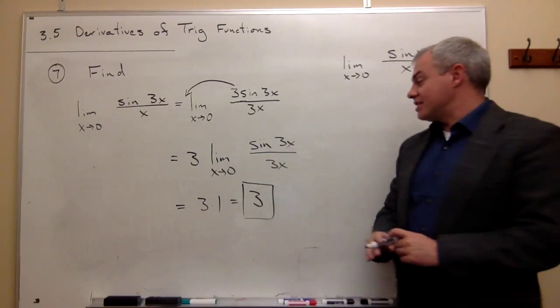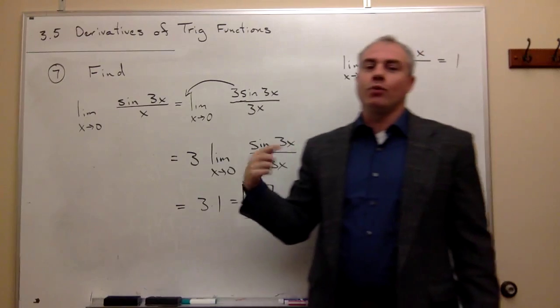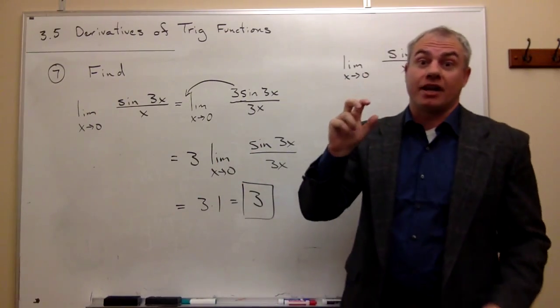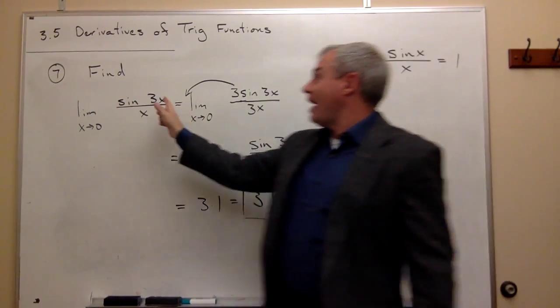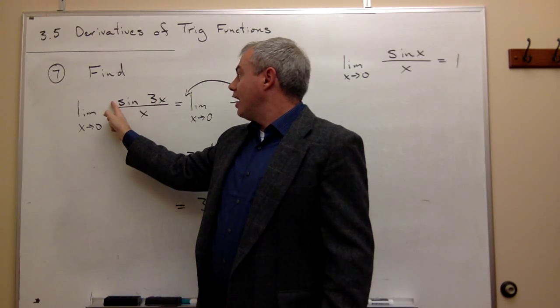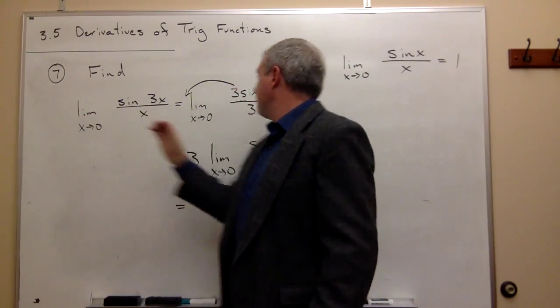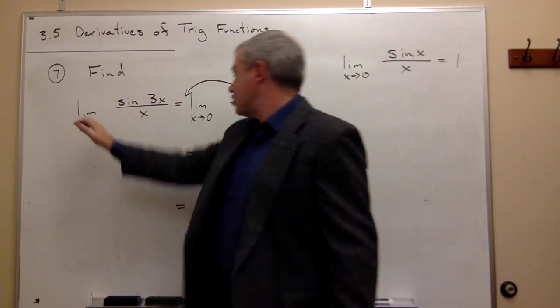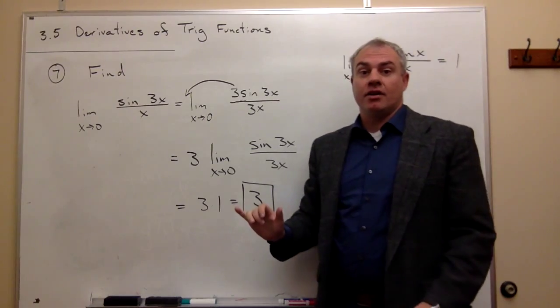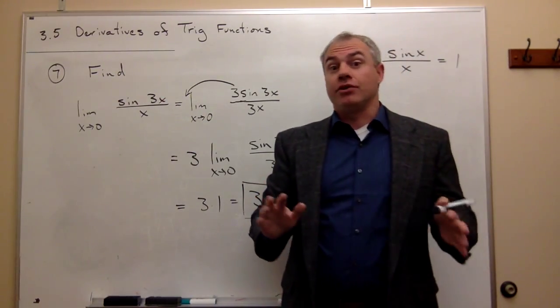That's the good news: we got the answer, and the answer is 3. The bad news is, what if you would have done the bad thing that I told you about at the beginning, taking this 3 and moving it outside of the sine? You could have moved the 3 outside of the limit, then you get the limit of this, which is 1, times 3, which is the answer. But pulling that 3 out is absolutely terrible, and you should never do it.